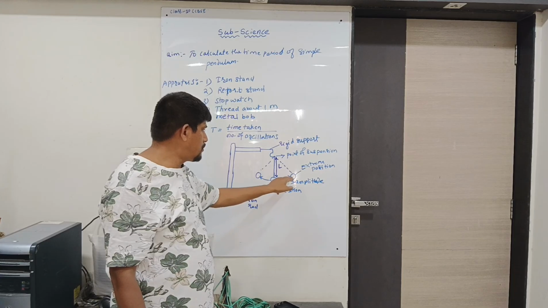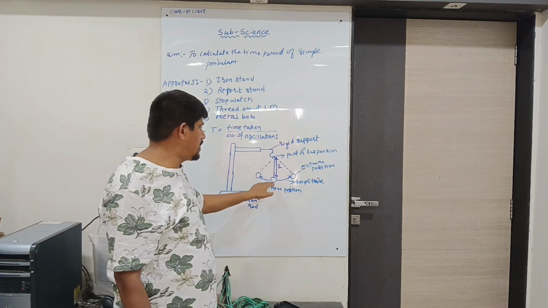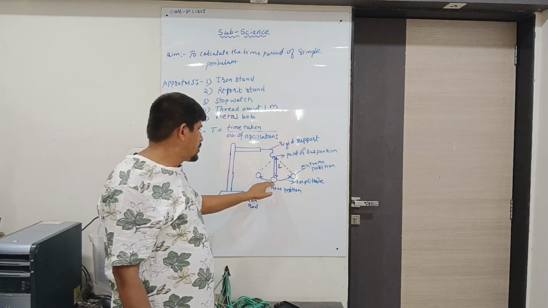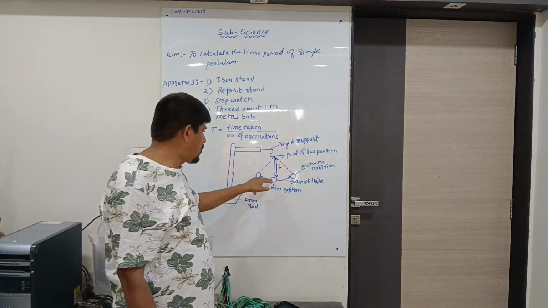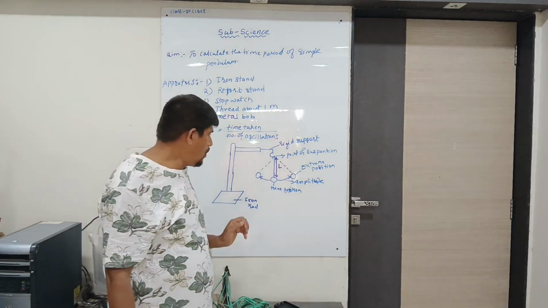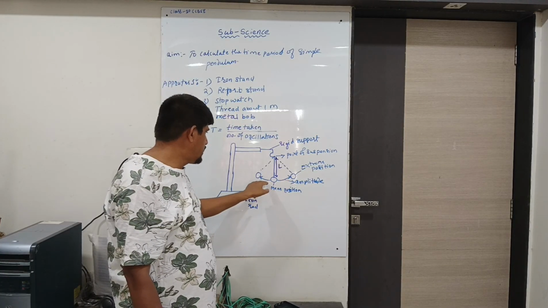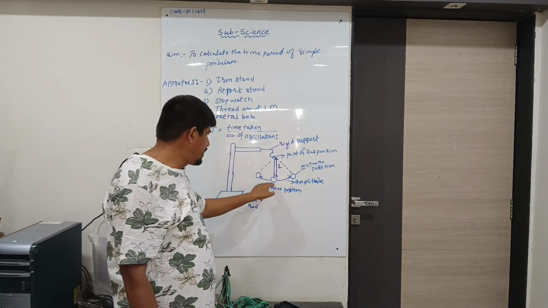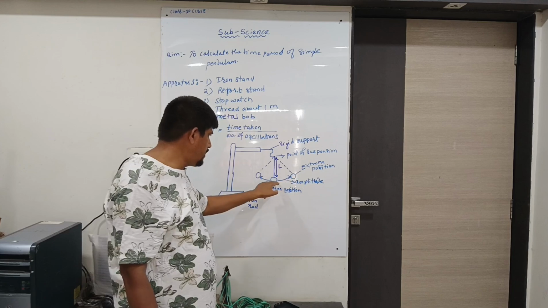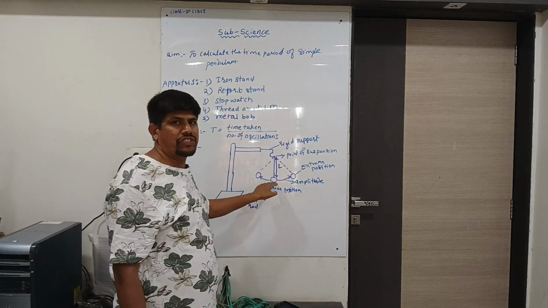Again on the other side it will go to the extreme position, and it will again cross the mean position. This is called one oscillation.